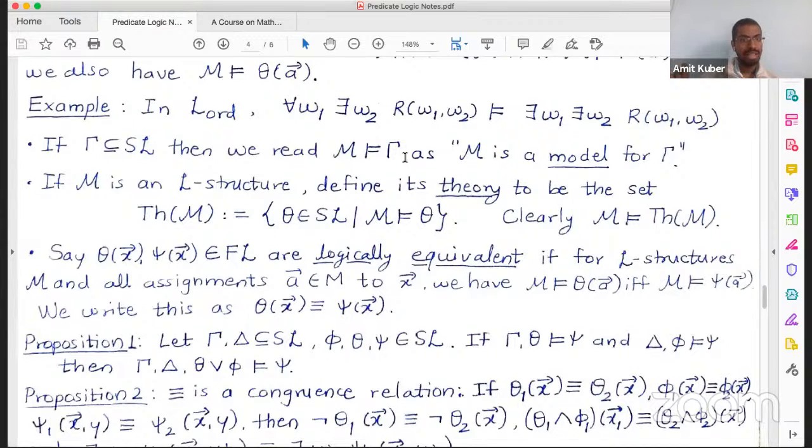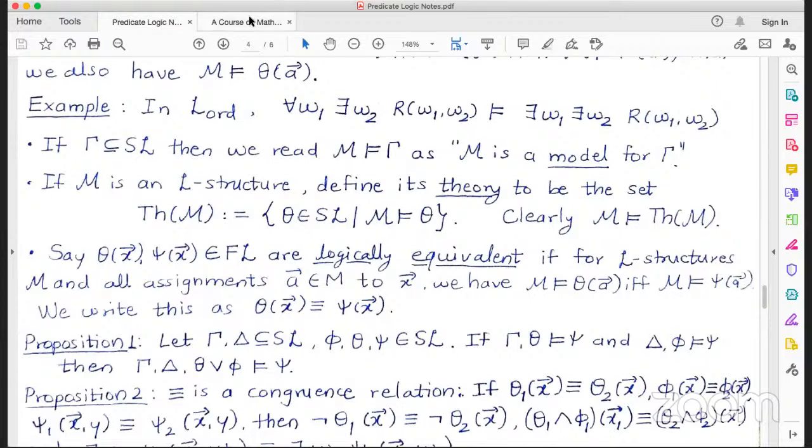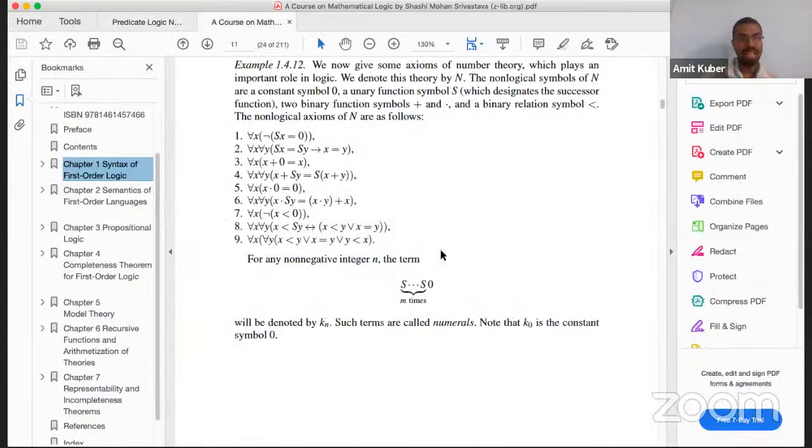Then the constant symbol 0, its interpretation, that is 0 in integers, satisfies the property of being the identity for plus. So that is what we are saying. A model of a theory: every group is a model of the theory of groups. Every set is a model of the theory of sets.